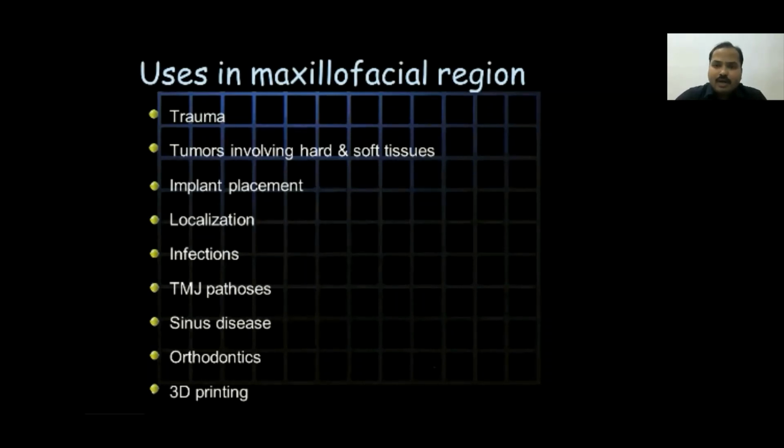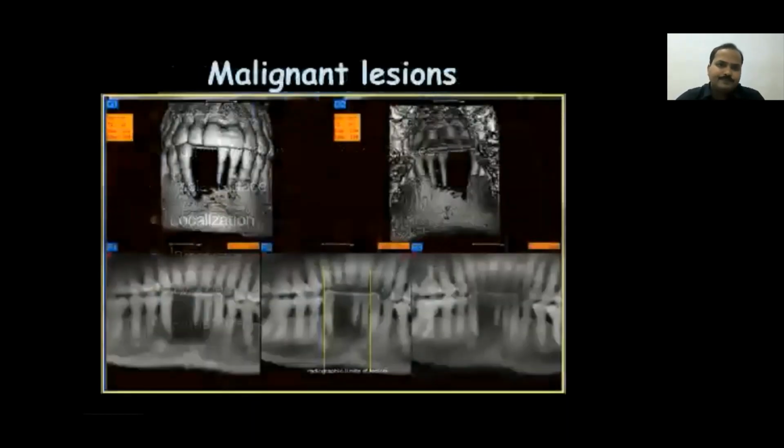And for counseling and educational purposes, the patient's own anatomical details can be reproduced by 3D printing, by taking the data in a volumetric form by CBCT and printing that data using certain plastic objects to produce the models, the patient's own models.